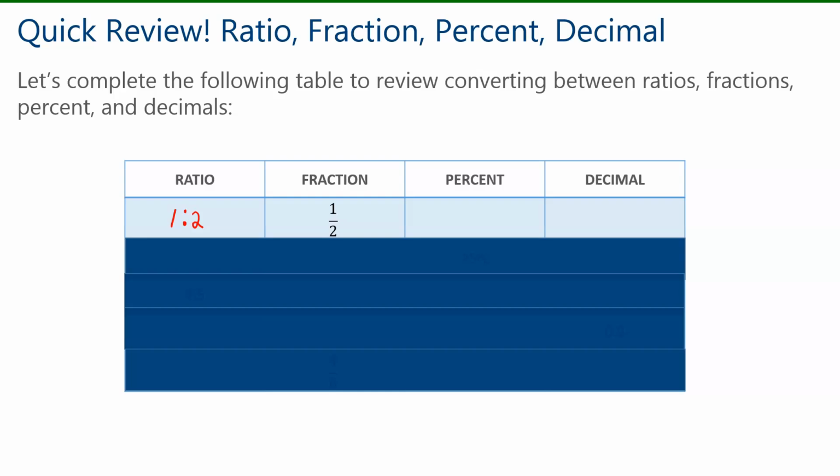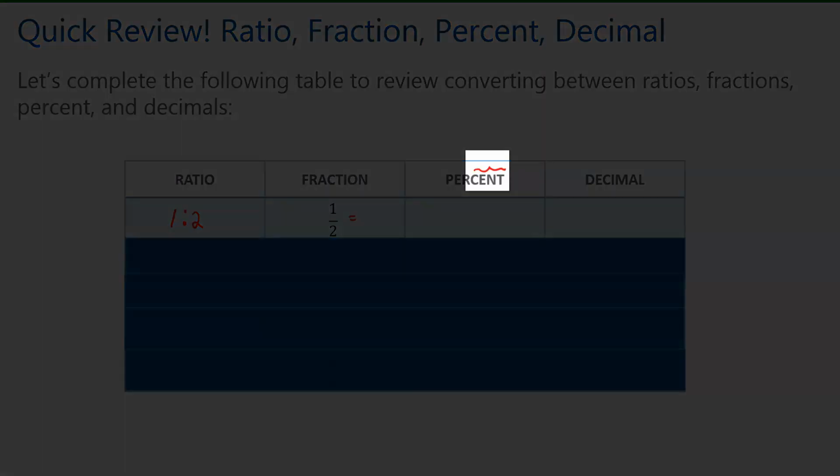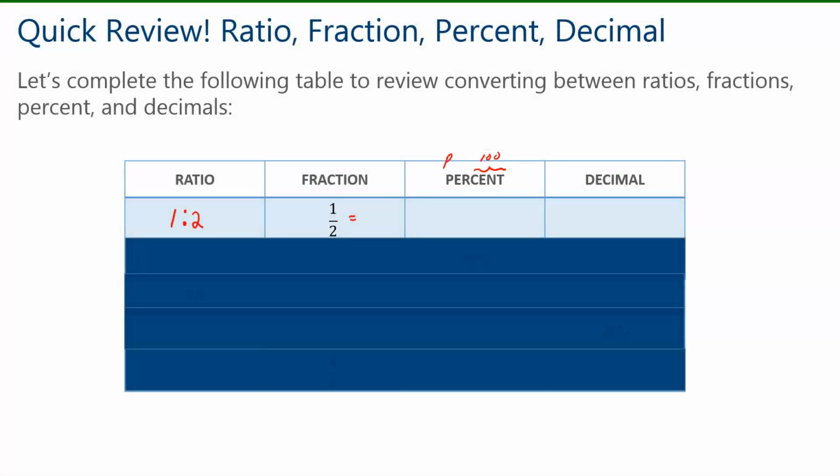How now do we convert the fraction 1/2 to a percent? You may know immediately what the answer is here. The strategy that we often introduce: if we want a percent, the letters C-E-N-T in French mean 100. So what we have is per 100.